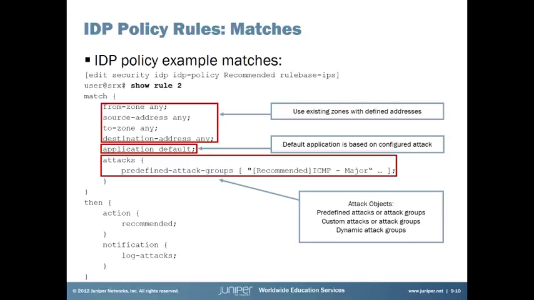So when you specify the action as recommended, the action that is recommended within the attack database is taken. Now you can change that to something else, to a user-defined action, but there is already a recommended action in the database itself. So even if you didn't change anything, you could simply go ahead and implement one of these predefined rule bases, which would have all the recommended actions built into it.